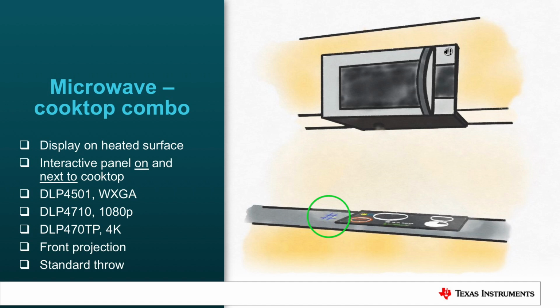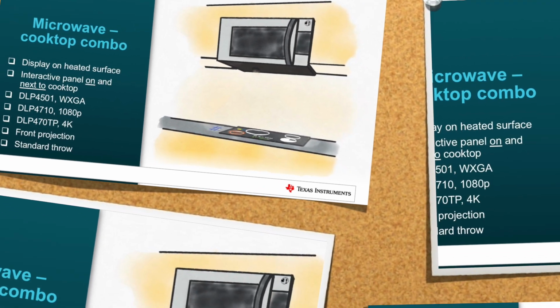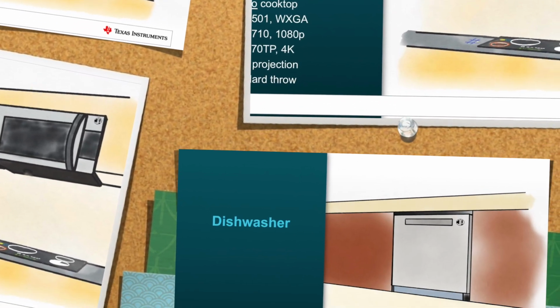As an example, there was a tic-tac-toe on the picture, but it actually could be recipes, internet, or any application that can be utilized within the kitchen. In addition, this display provides a very sanitary solution, resulting from the fact that there is not a physical display on the countertop. Now for the last example, let's take a look at the dishwasher.